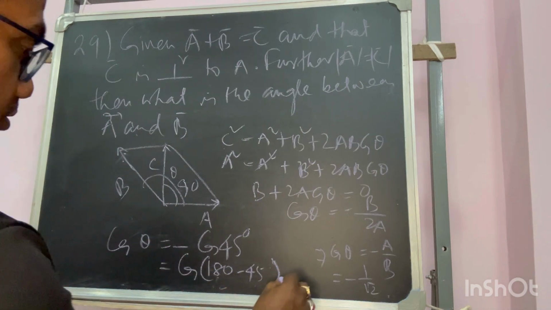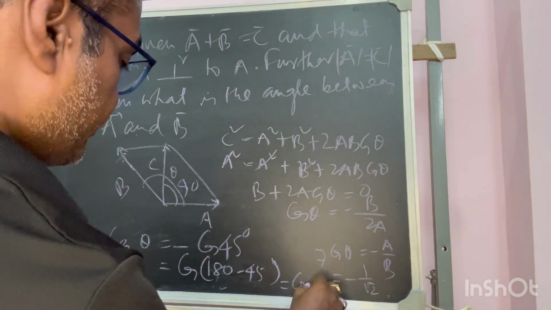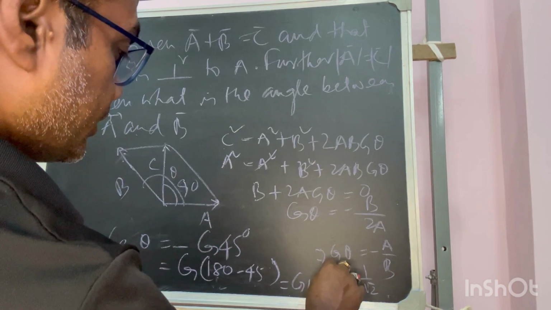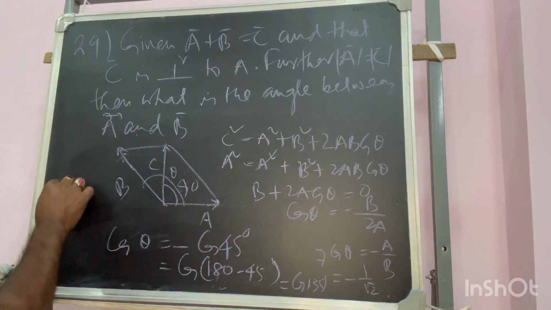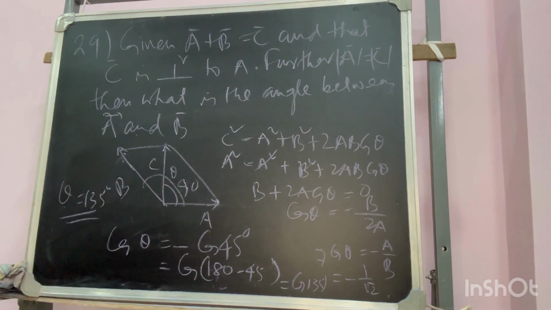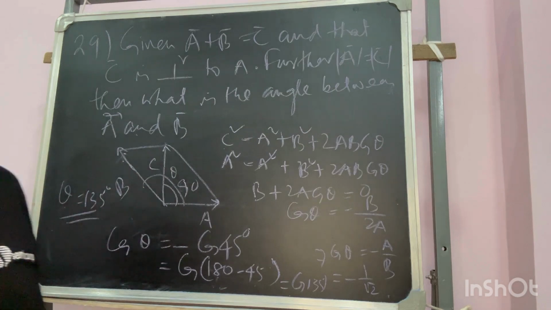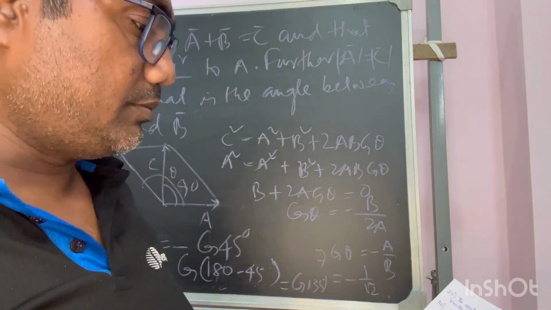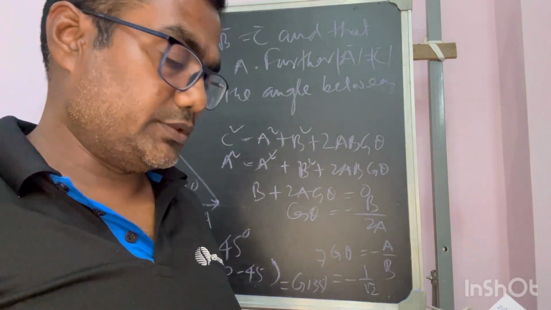So this is nothing but cos of 135 degree. So your theta is 135 degree. So this is the value. Okay, so this is for now. In the next video I'll move on to the problem number 30 onwards. Okay, thank you.